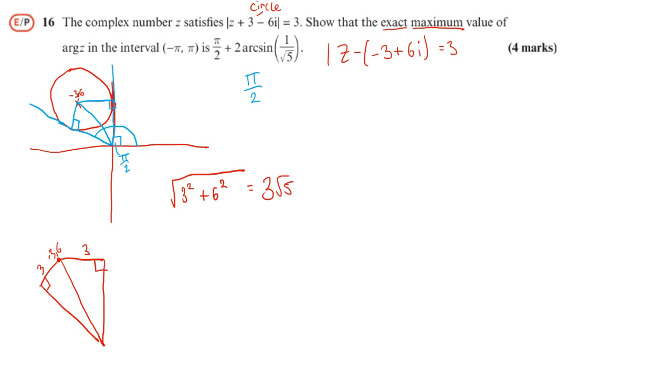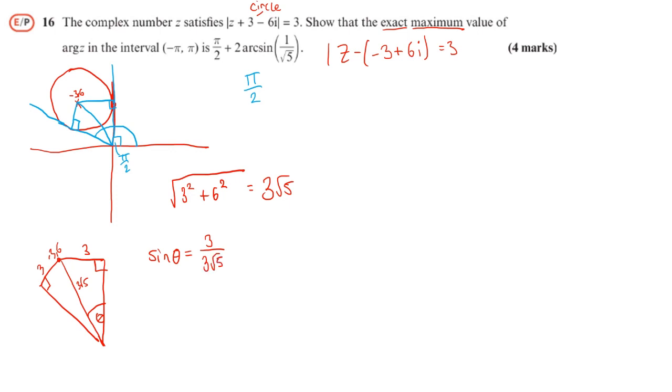So this length here is 3 root 5. Let's focus on one of these angles, call it theta. We've got the hypotenuse and the opposite, so it's sine. Sine theta is equal to the opposite, which is 3, divided by 3 root 5.